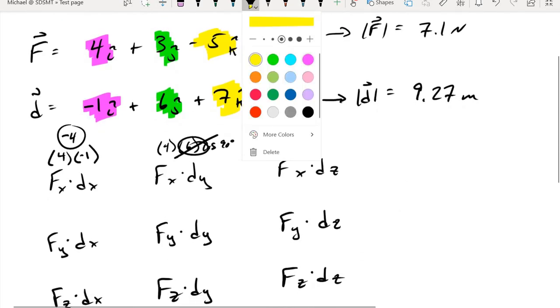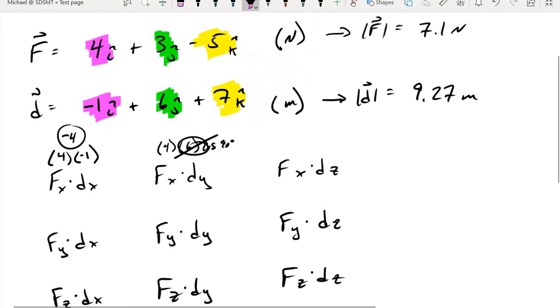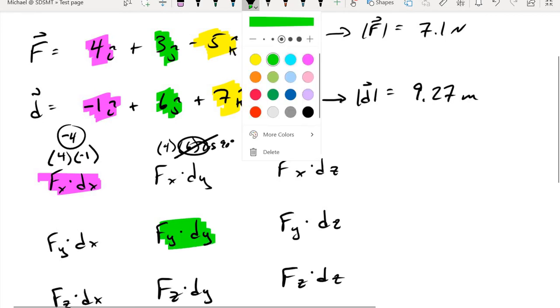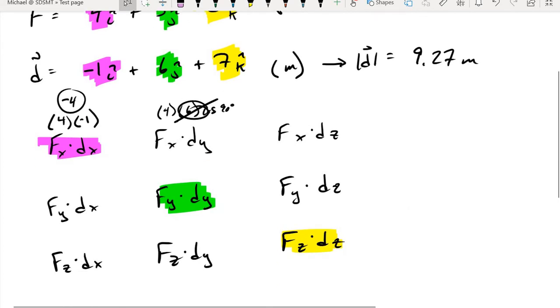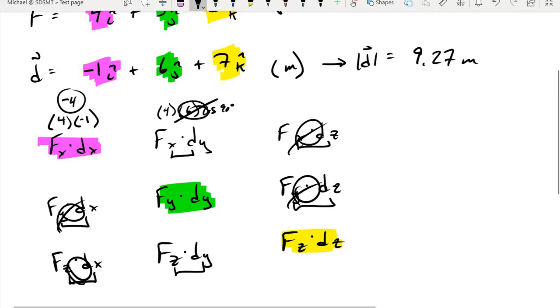And so, correspondingly, only these combinations of the dot products are actually going to produce anything, because all of the other combinations have components that lie in different axes. Each of these other situations is going to result in a cosine 90-degree relationship, and we're not going to get any contribution from those.